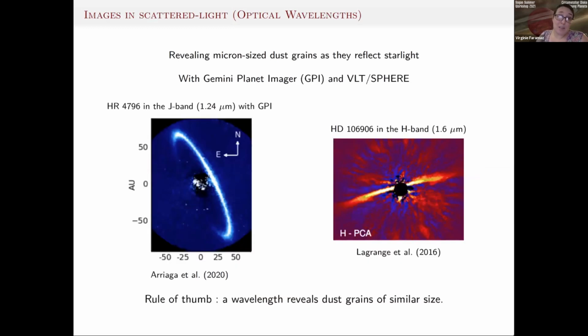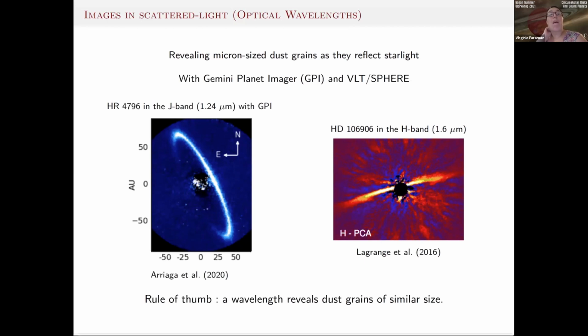So Hubble is in space, and now we have facilities on the ground that enable us to image debris disks or disks as well at optical wavelength, at scattered light. So there's GPI and SPHERE. And just a rule of thumb that I would like you to remember is that in general, a wavelength reveals dust grains of similar sizes.